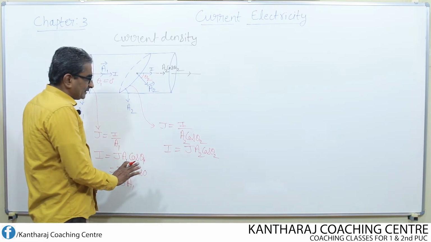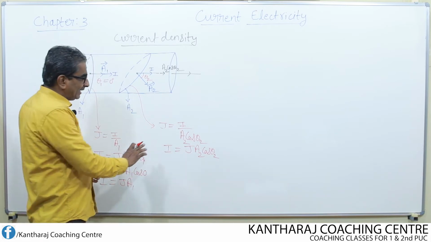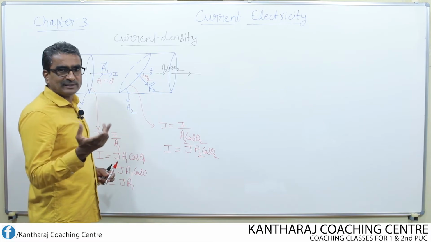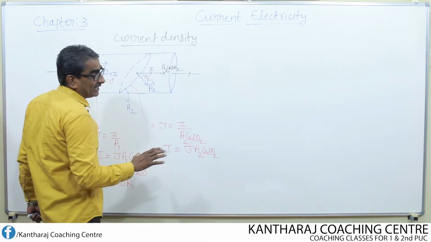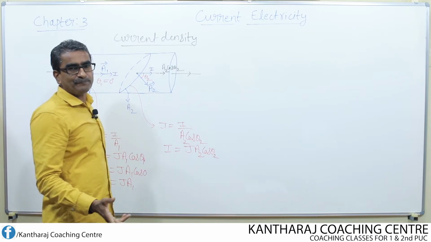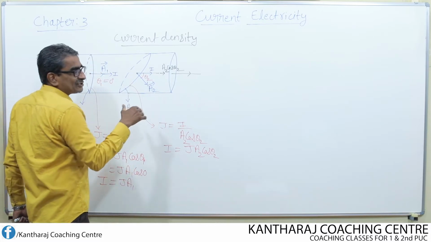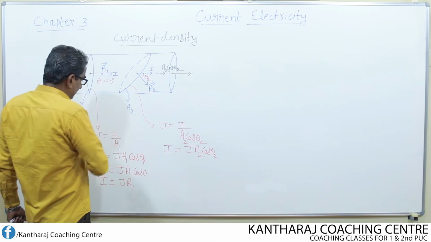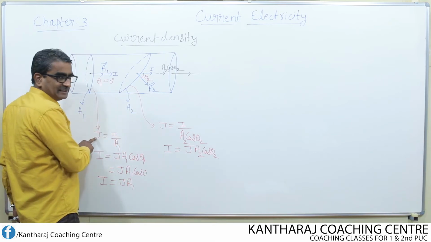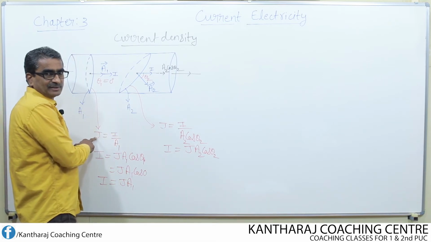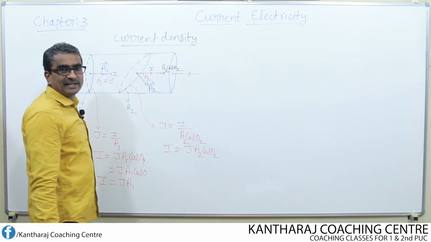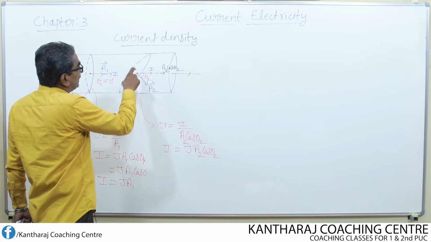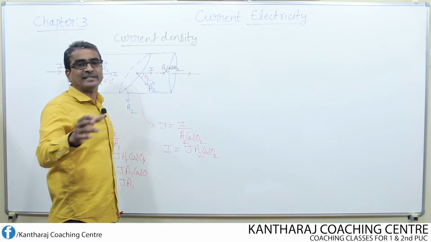Now here, some sort of dilemma arises in our mind. Whether the current through this area and also through this area remains the same or differs, because the areas of cross section are changing. We know that if the area of cross section changes, current density should change. But here, what about the current through both these areas? The current through both these areas remains one and the same.